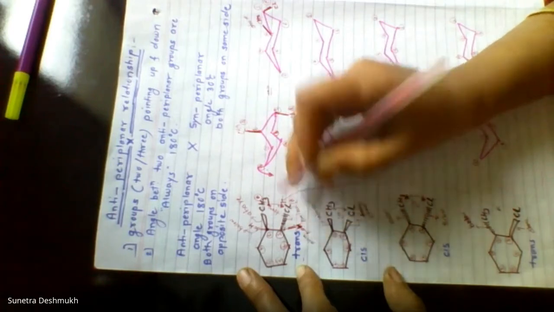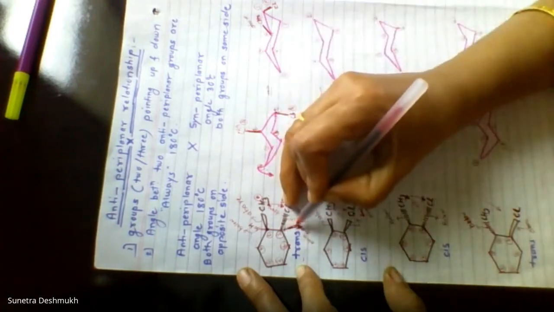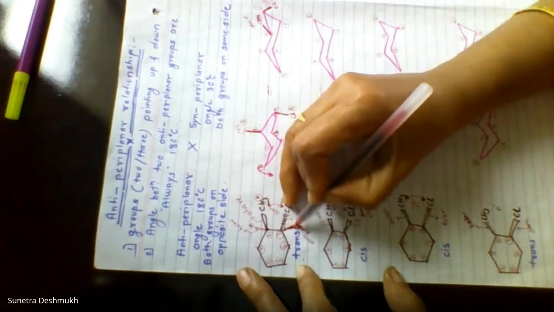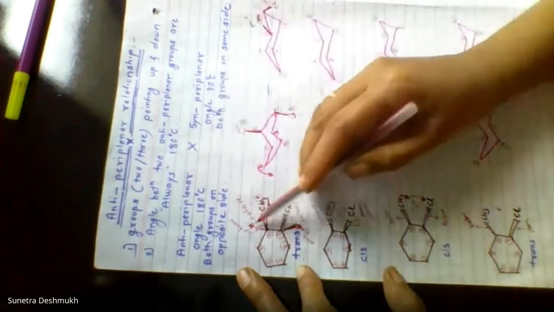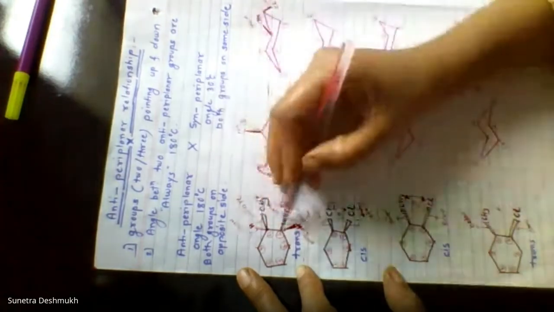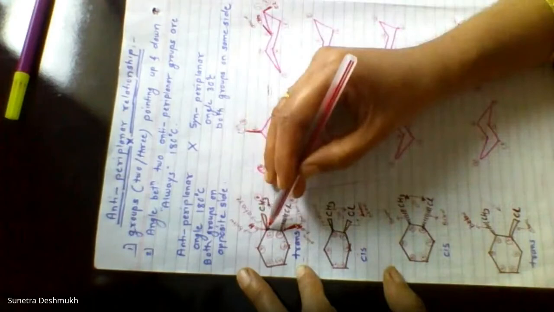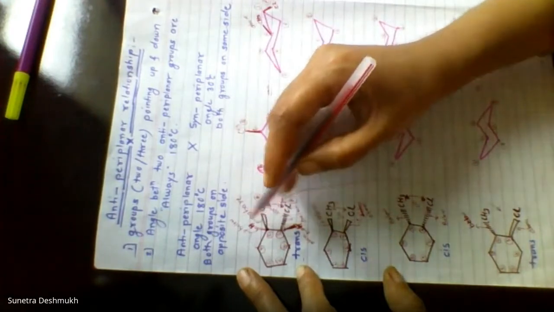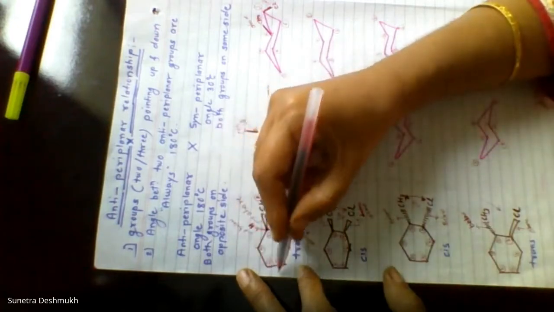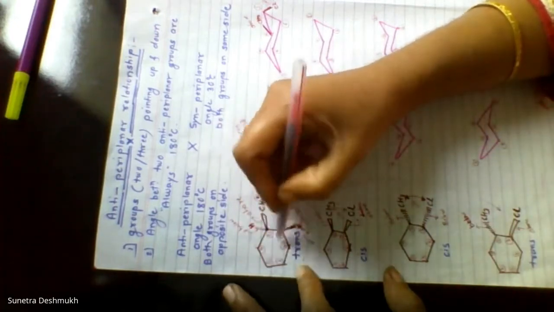I will write hydrogen over here, then you can write the one above the plane. Maybe this is quite visible to you guys. I have drawn two substituents over here, hydrogen and chlorine. Carbon is tetravalent, so the valence is satisfied.